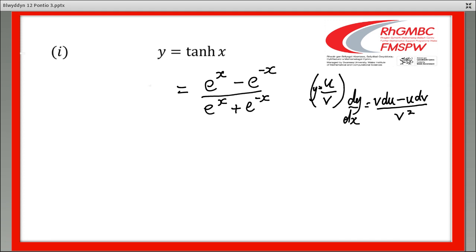Now, if we do that, what we have when we differentiate, that's a y function, so dy by dx equals, we copy down the v function, which is e to the power of x plus e to the power of minus x.